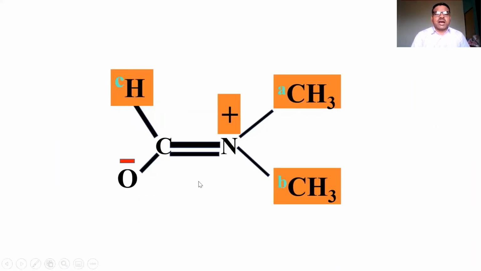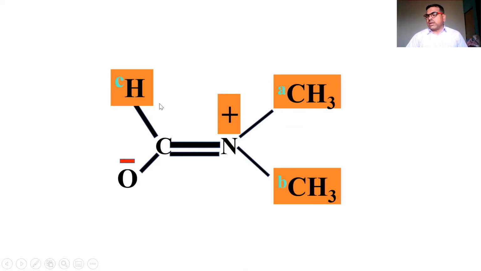So see here, the carbon nitrogen double bond is developed, and a positive charge is also developed on the nitrogen atom, and oxygen develops the negative charge. Now in this case, look at this, the two methyl groups are now different.